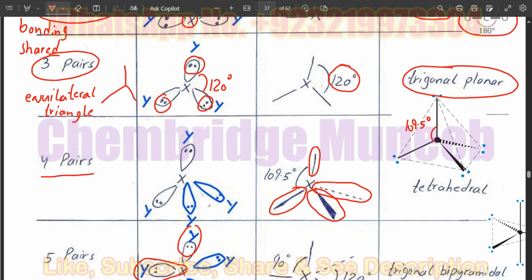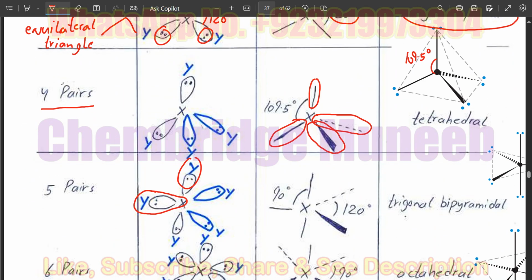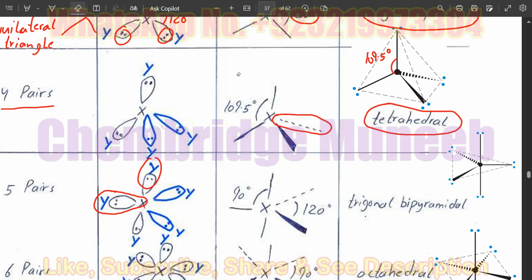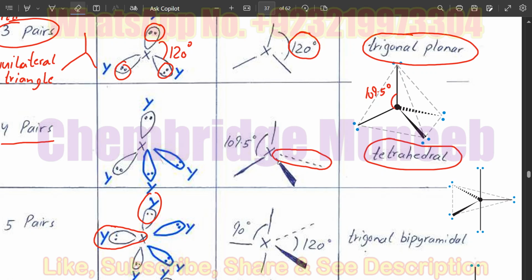Now the next example is of 4 bonding pairs. Whenever the central atom has 4 bonding pairs around it, the shape of the molecule will become tetrahedral and the angle between the 2 atoms will be 109.5 degrees.